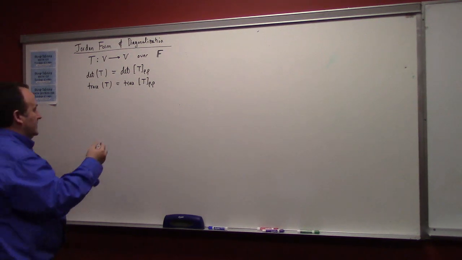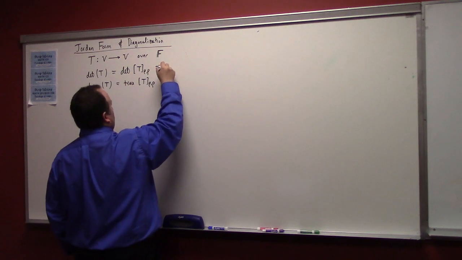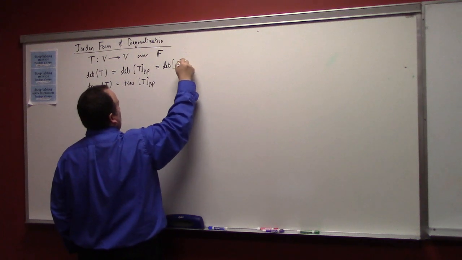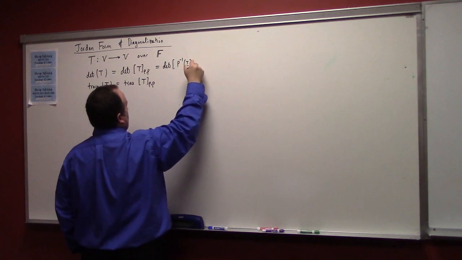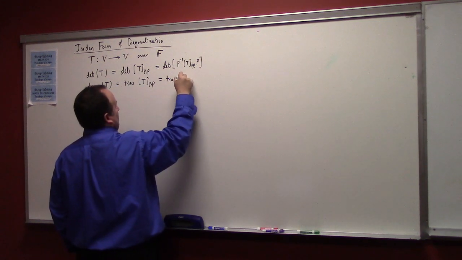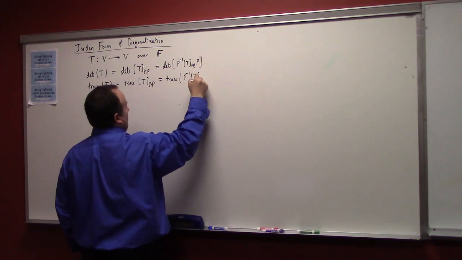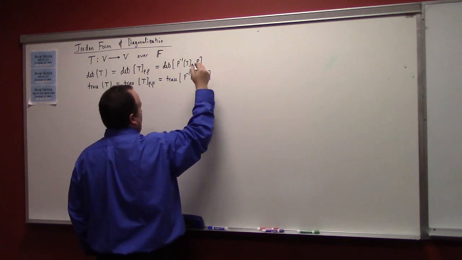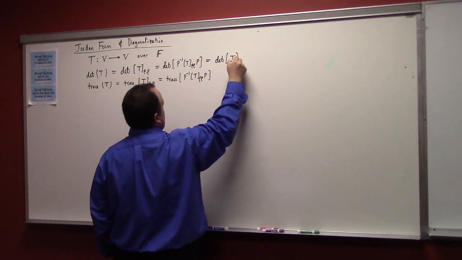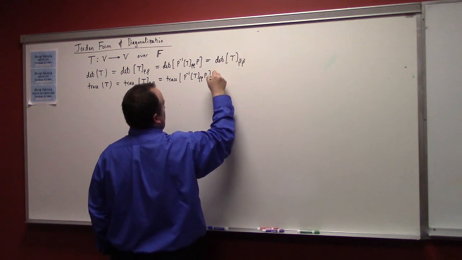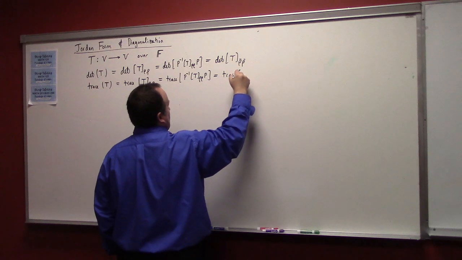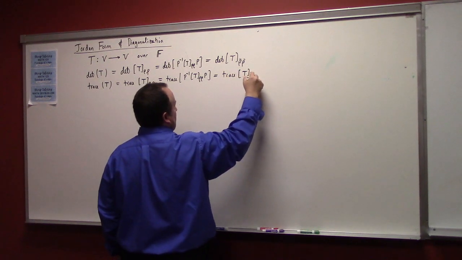But the good news is that the determinant of P inverse T beta beta P is equal to the determinant of T beta beta, and the trace of P inverse T beta beta P is equal to the trace of T beta beta, where P is the coordinate change matrix to get us to the matrix of the transformation with respect to the bar basis, let's say. And these are properties of the trace and the determinant, namely that they're invariant under a similarity transformation.